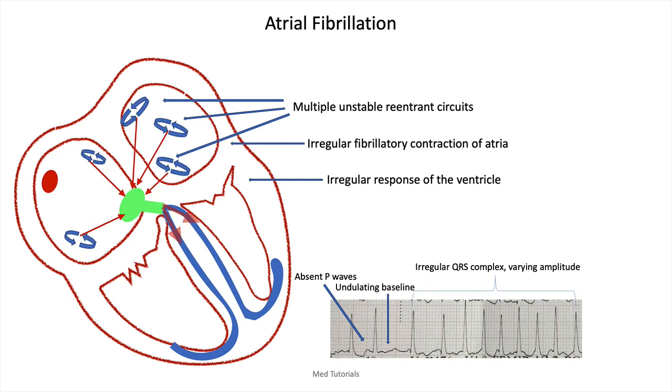And if you look at the QRS complex, we see irregular QRS complexes, varying amplitudes, varying rates of the QRS complex because of the irregular transmission of impulses into the AV node and the bundle branches and into the ventricles.